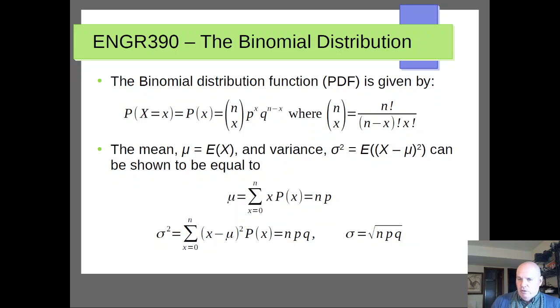Based on our rule of thumb, we expect the random variable to be within 2 standard deviations of the mean. 2 standard deviations would be 10, and the mean is 50. So we would expect that most of the time, 95% of the time, we're going to see between 40 and 60 heads tossed.